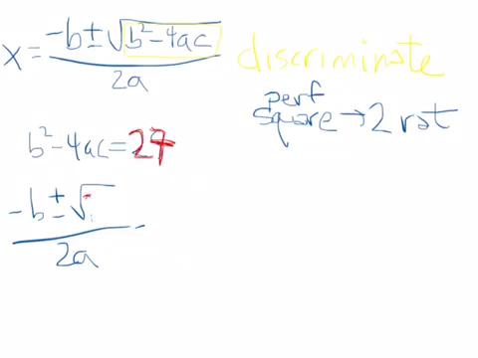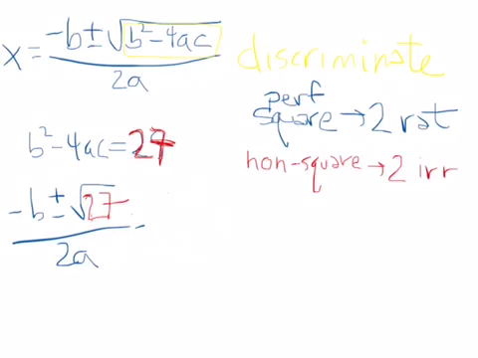This will just stay at 27, and I'll leave my answers in terms of plus or minus square root of 27. So I still have two answers, but what I want you to notice is they're irrational. Square root of 27 is irrational. We won't worry about reducing it right now. So if I get a non-perfect square, but it's still positive, I get two irrational solutions.